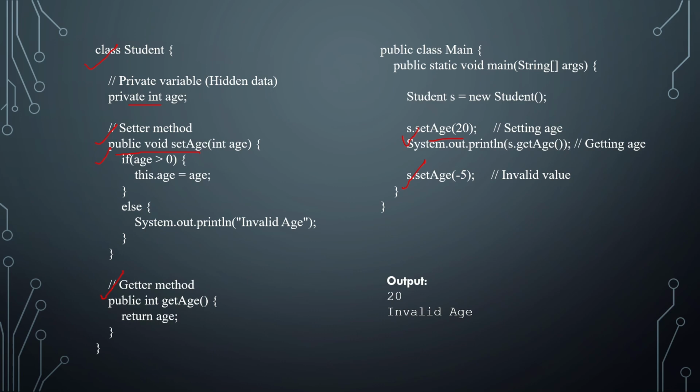Inside that method, the stored age value is returned back, then that returned value gets printed using System.out.println. So, getter methods help us safely read the private data and setter methods help us safely update the private data. This is how encapsulation provides controlled access and protects the data in Java.